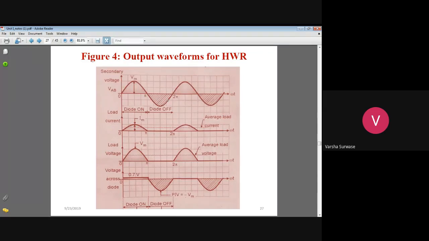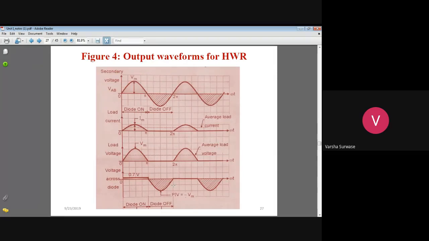when the diode is not conducting, there will be a voltage across it in the reverse direction. The maximum of this voltage is known as the peak inverse voltage. When the diode is turned off, that voltage is known as the peak inverse voltage.